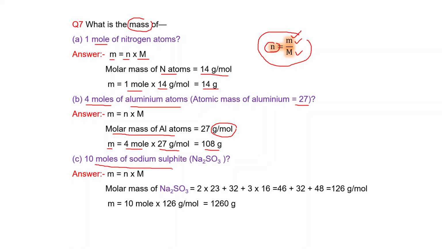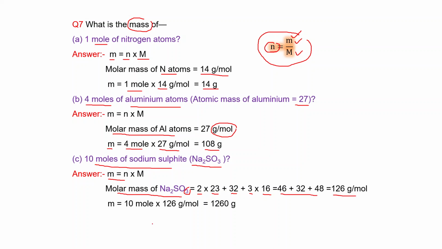10 moles of sodium sulfite, Na2SO3. We use the same formula, m is equal to n into M. First, we have to calculate the molar mass of Na2SO3. This is 2 atoms of sodium multiplied by 23, atomic mass of sodium, plus 32, the atomic mass of sulfur, plus 3, the number of oxygen atoms, multiplied by 16, atomic mass of oxygen, and if you solve it, 126 gram per mole.